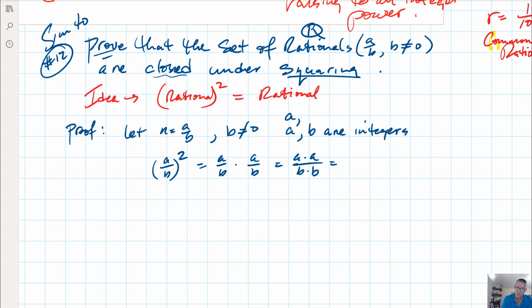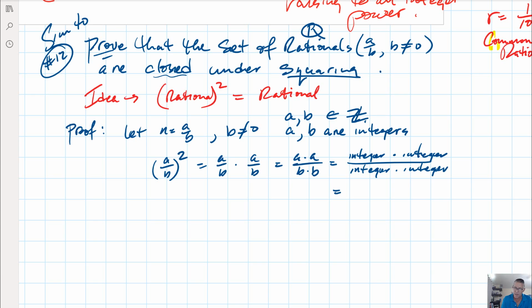Some of you guys like using symbols: a and b are elements of, not Q, but Z, because they're integers. You have to specify what type of numbers a and b are. That's part of the proof right there. And then what does that tell me? Well, this is an integer times another integer in the numerator. And b is an integer, so the denominator is an integer times an integer.